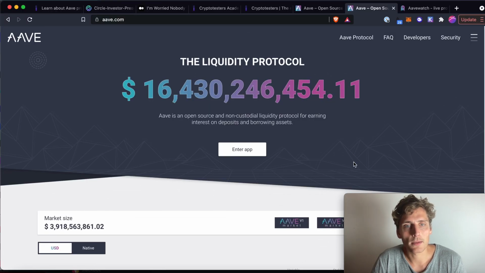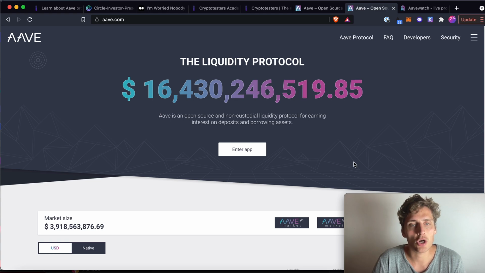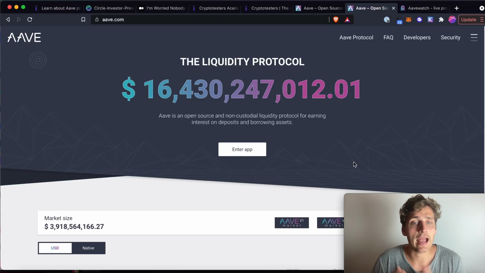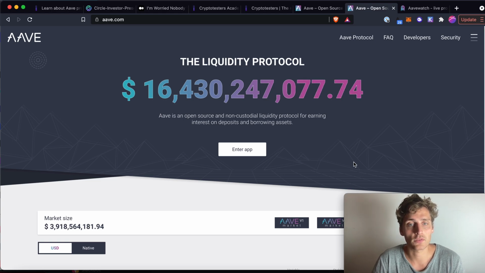On the other hand, people who want to take a loan, want to borrow funds, can just come to Aave and ask for a loan, and then Aave will hand out a loan without having to do any KYC, so any identity verification, without having to look at the credit history of that person, and anyone in the world can use it. So that's the idea with any decentralized finance application.